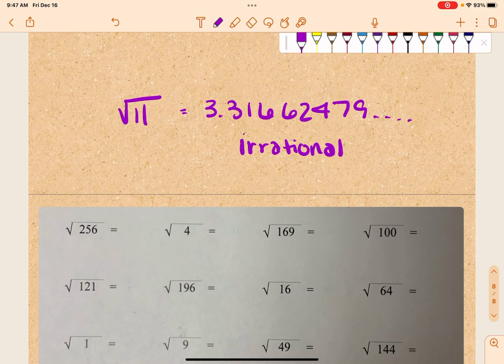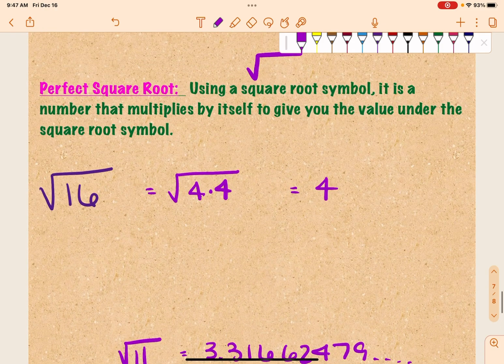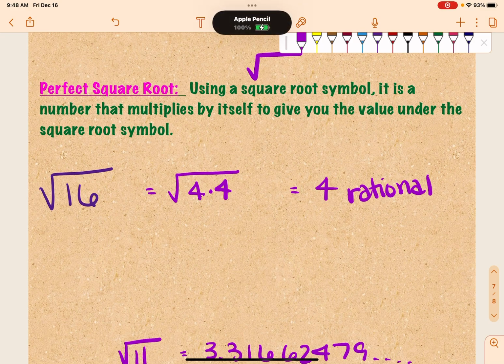Irrational people are ones that we can't predict what they're going to do typically. So an irrational number is the same thing. We can't predict what it's going to do because it doesn't end on its own and it doesn't repeat. Like it doesn't go 0.55555 and keep going forever. So all the rest of the time, if you're getting a whole number like these, those whole numbers are rational, because just like rational people, we can predict what they're going to do. Okay, we'll talk about a few more next time.